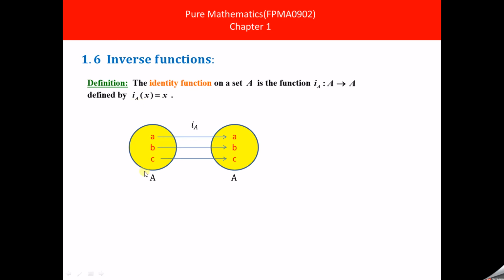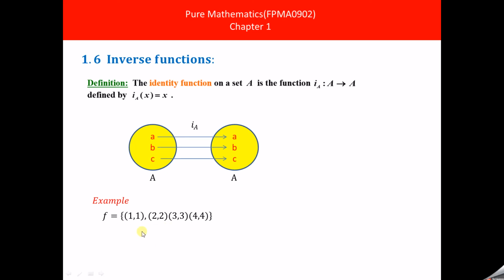And if the identity function is on a set A, we denote it by I suffix A. It denotes that it is an identity function from the set A to the same set A, which maps each and every element to itself. So the image of every element is itself. For example, you can take this function.